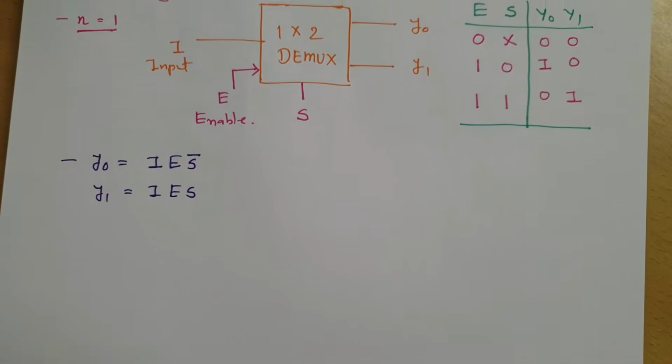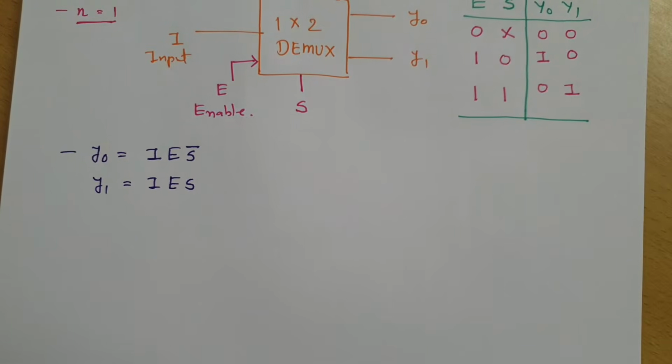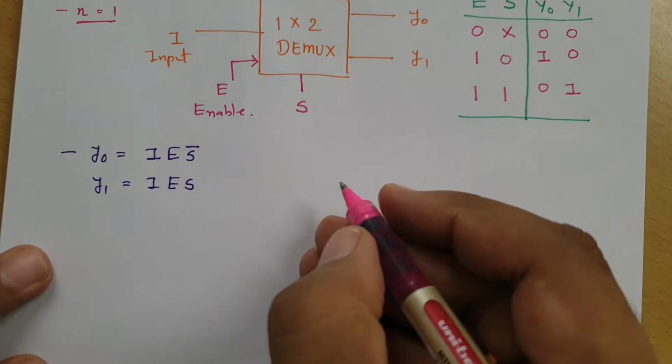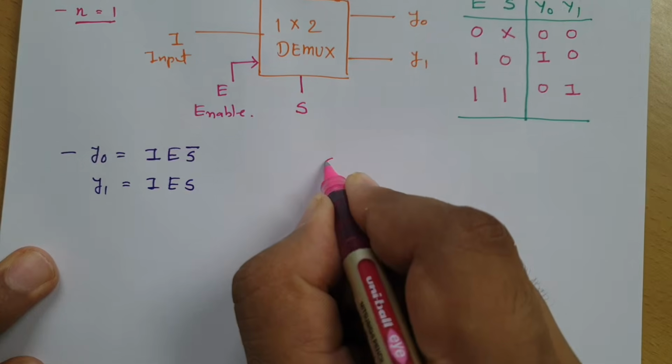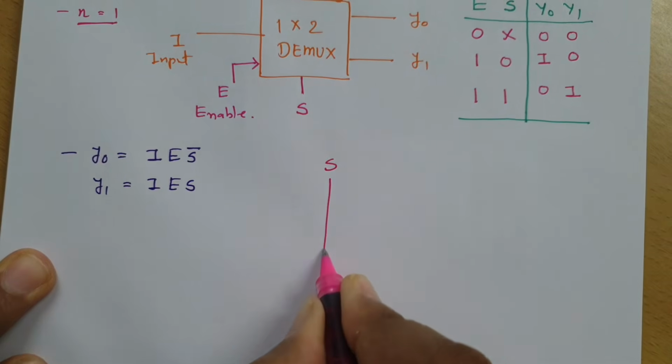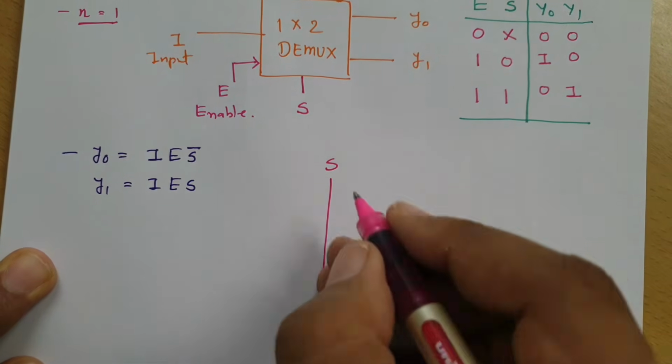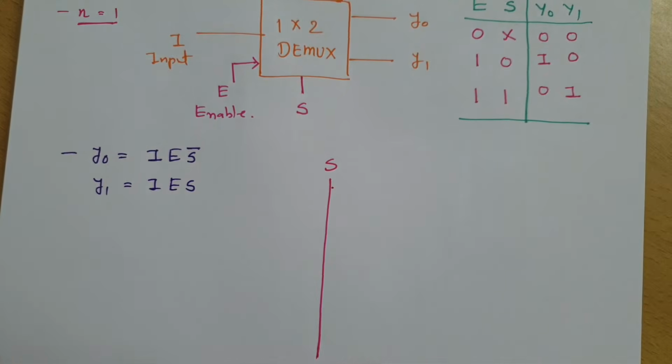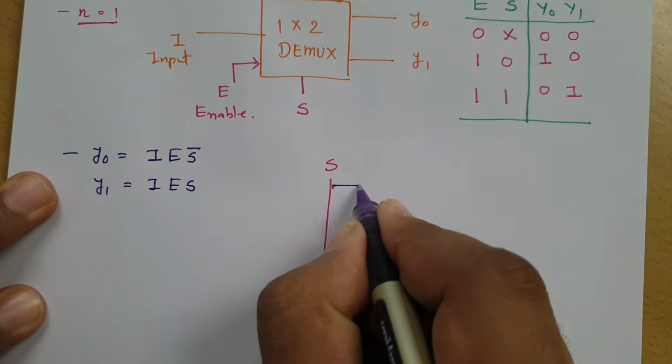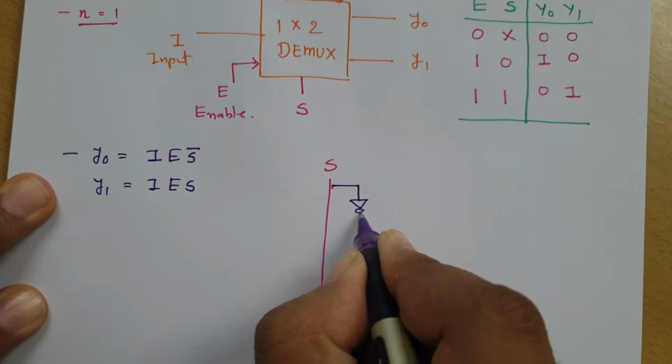Now we will implement these outputs. Here I take the selection line straight, and here I take the inverted selection line.